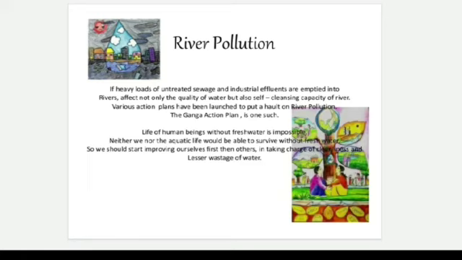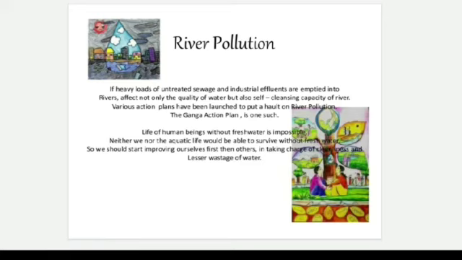But as we have seen, the need for water is increasing everywhere, like domestic use, industrial use, agricultural use, we need water. But what is it creating?